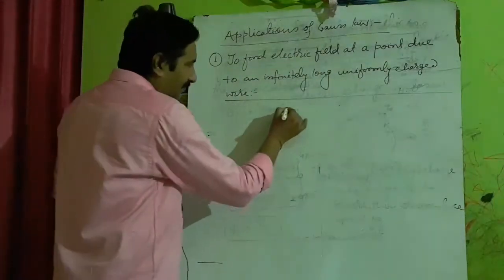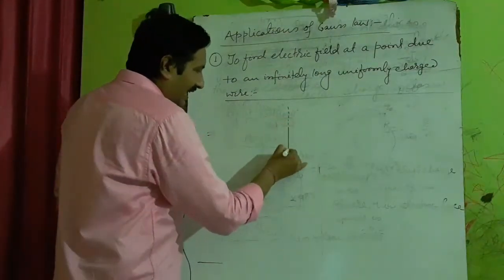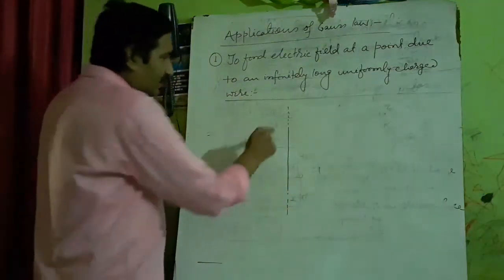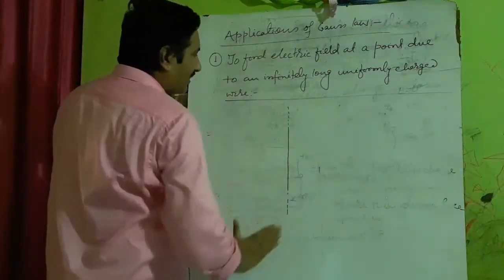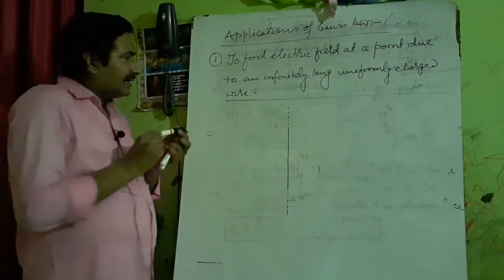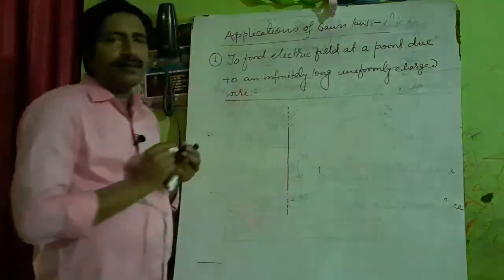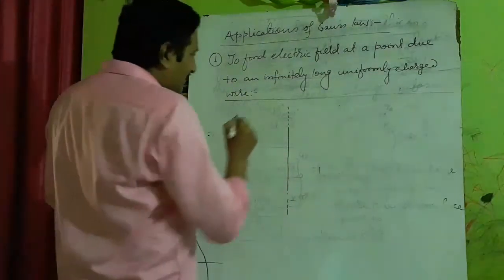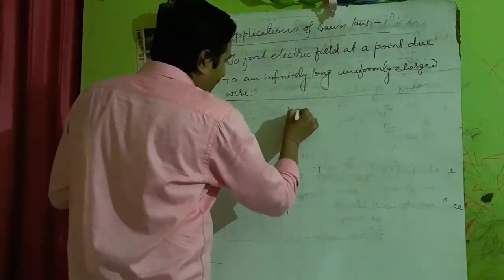Let us consider an infinite wire. This is an infinite wire. This dotted sign shows that the wire is extended on both sides. Charge is distributed along the length of the wire, and the linear charge density is plus lambda.